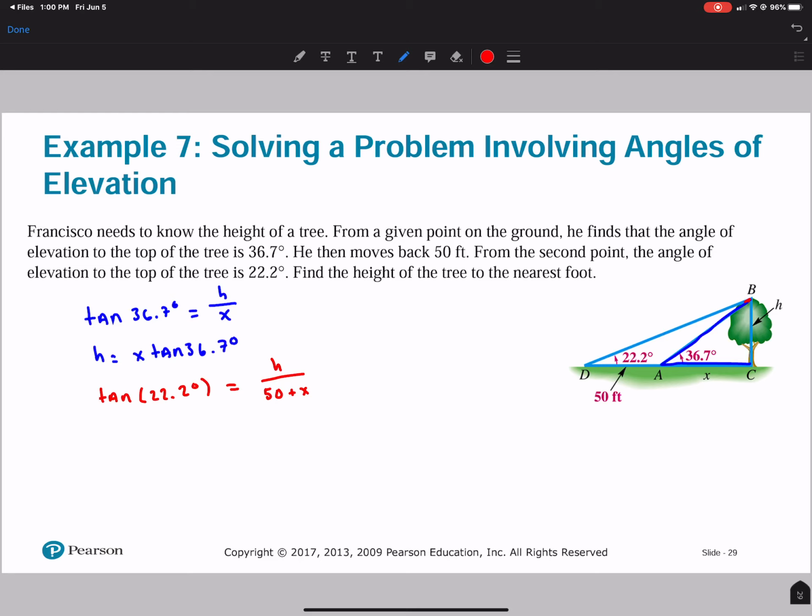Because we're doing all of this. So if we have to do 50 plus what we have for x, in this case, h would just equal 50 plus x times your tangent of 22.2 degrees.